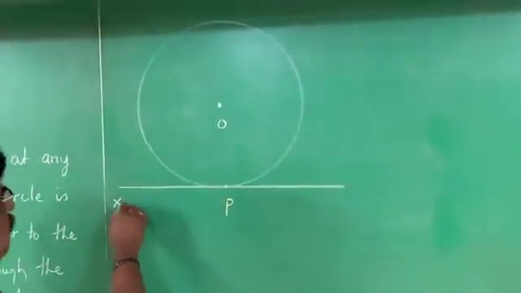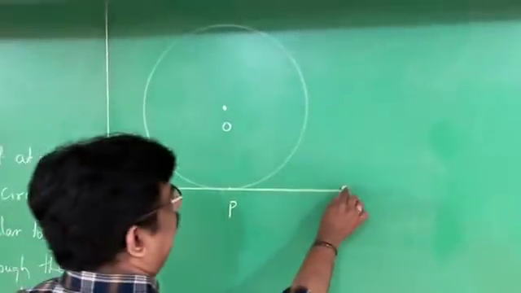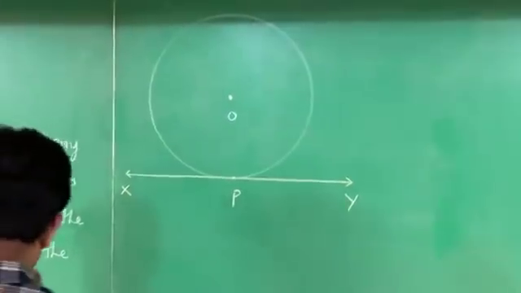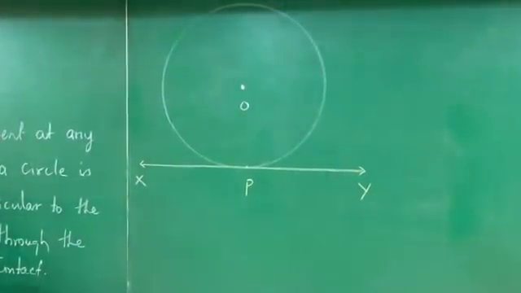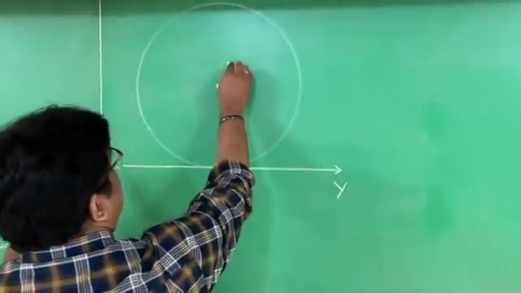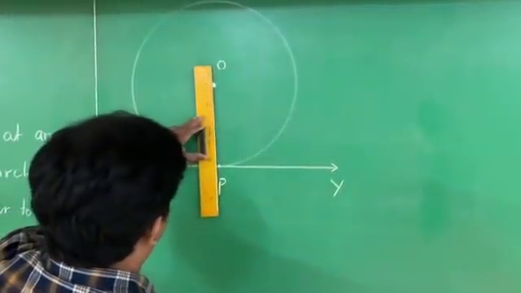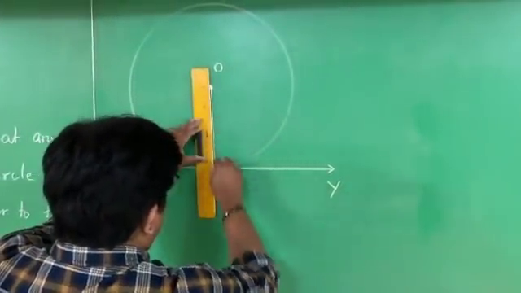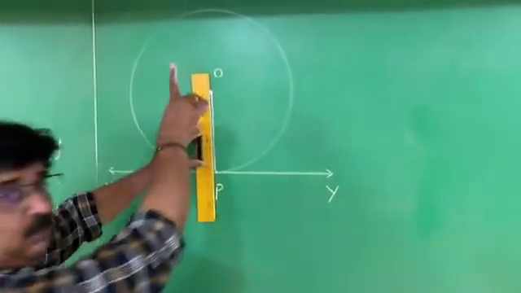A tangent is nothing but a straight line, and this can be extended. It is perpendicular to the radius to the point of contact. We have to write the radius to the point of contact.